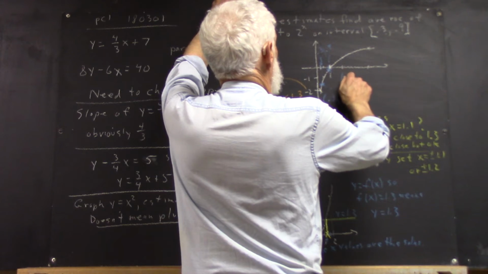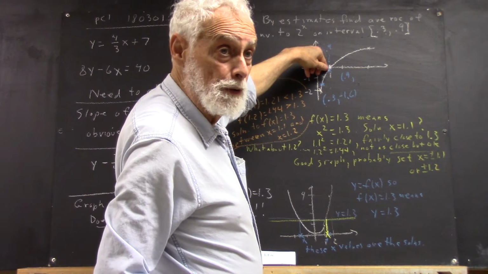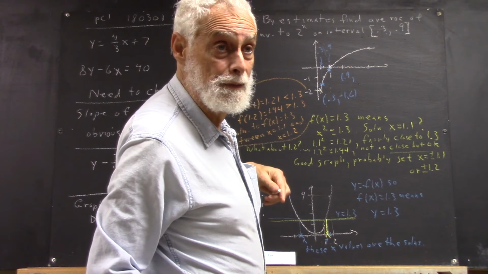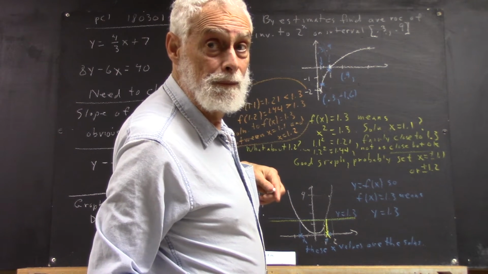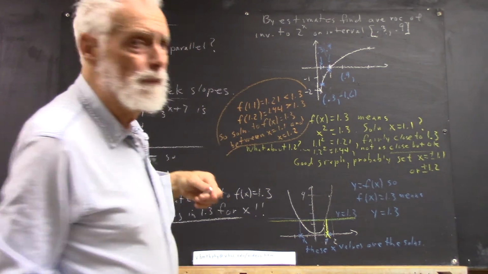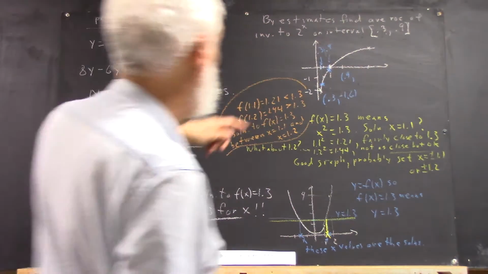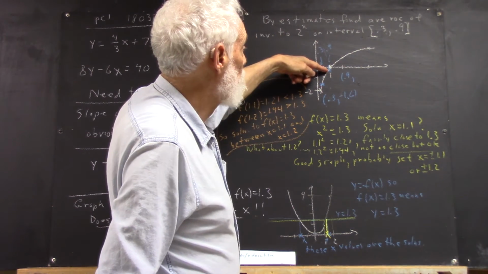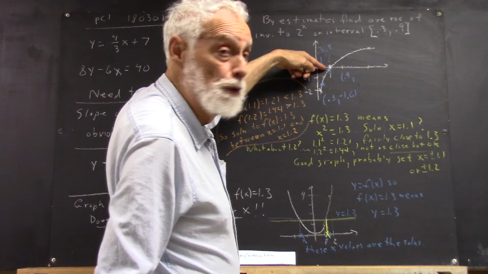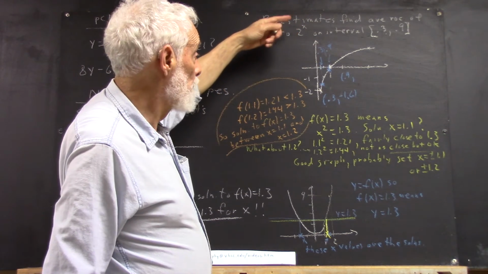So we have the point 0.9, right? And what's the y coordinate? The X coordinate is 0.9. If this is 1, 0.9 is just to the left of it, right? And what's the y coordinate?